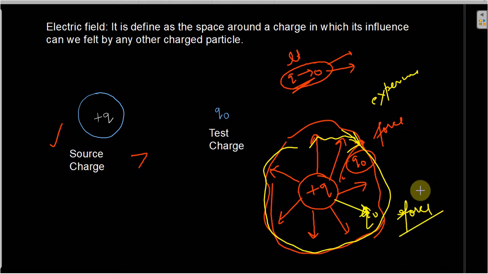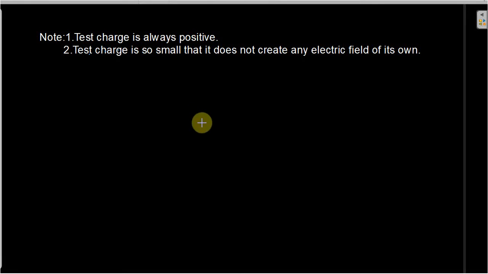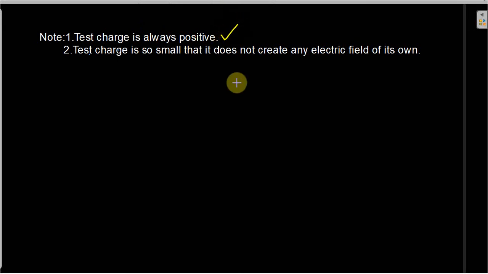Now we will discuss the next topic, the properties of test charge. Source charge is a bigger charge which is producing the field, and now we will study what a test charge is. We will always take the test charge as a positive charge. The second thing is the test charge is so small that it does not create any electric field of its own.